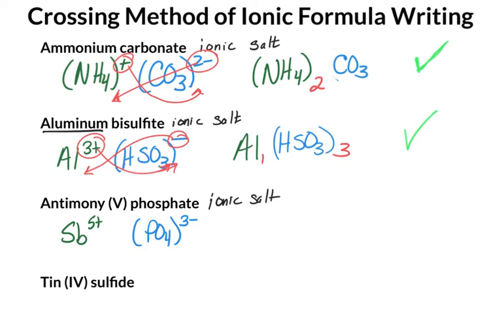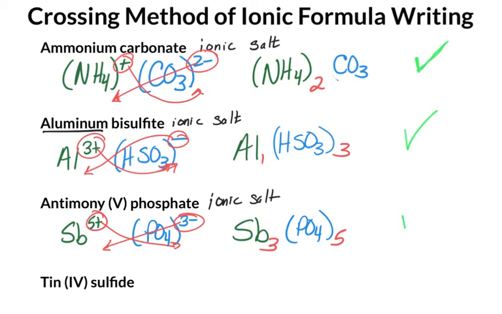We'll take the 5 from the antimony, put it below the phosphate, and put the 3 from the phosphate and put it down below on the antimony. And we see that our formula is Sb subscript 3, parentheses, PO4, close the parentheses, 5. And that one is correct.